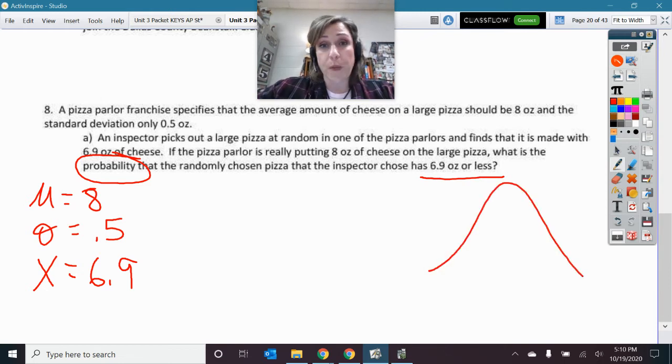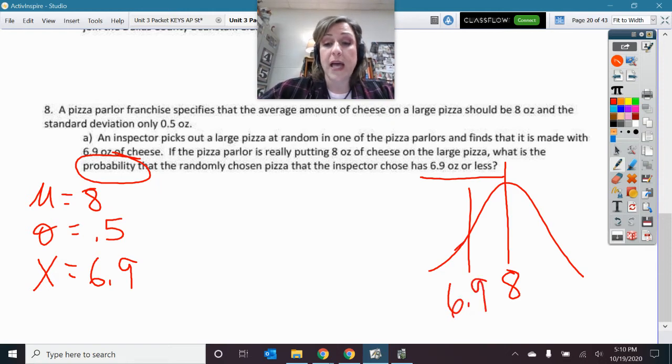So here's what's going on. And you can draw these out to visualize what this is saying. We got 8, they find a pizza at 6.9, and they want to know, what proportion of pizzas are below 6.9? What was the likelihood of that? Was that unusual for me to find one with that little cheese on it, or is that just sampling variability?